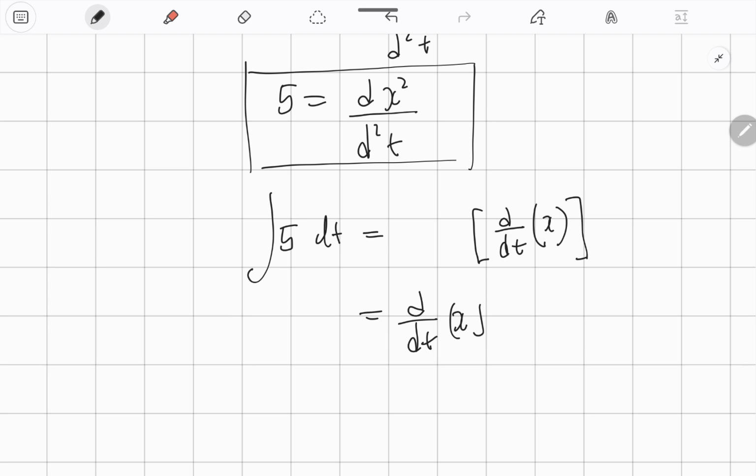Okay, pause there. I think we're supposed to think and comment and tell them what you think happens when you integrate. But I think if you took calculus, you'll get 5t, the constant that was there needs to come in, so 5t plus c.